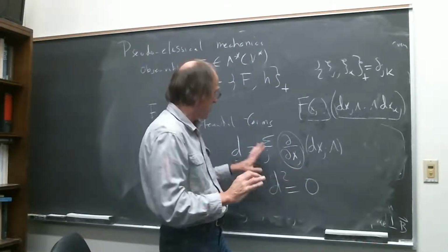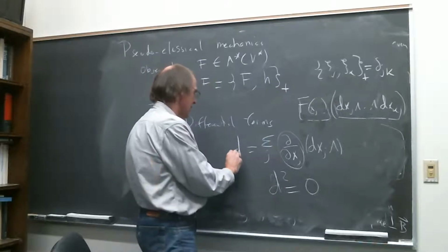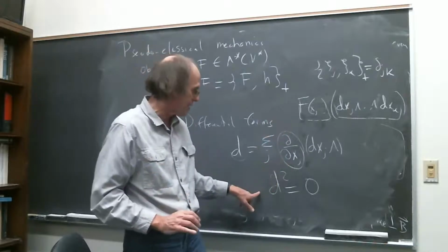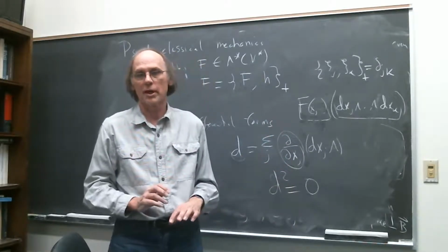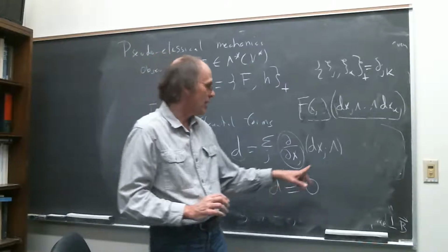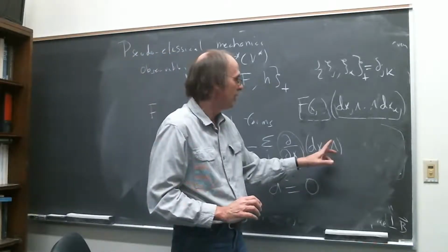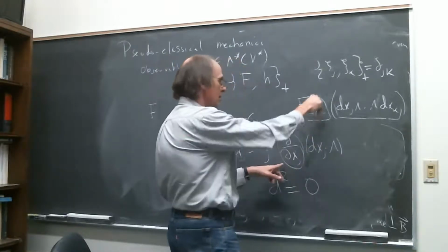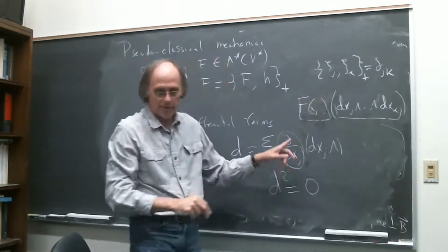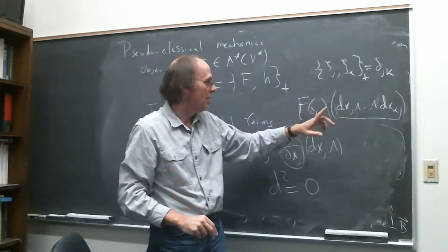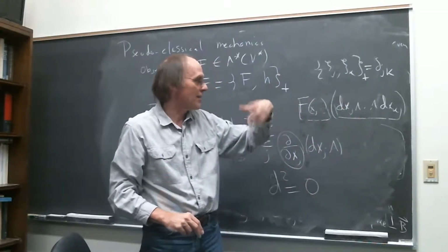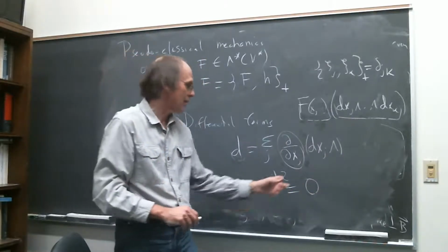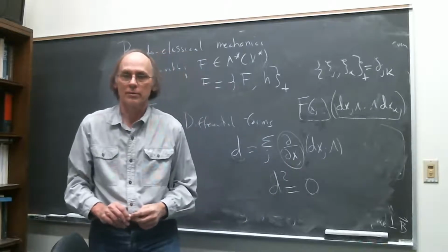So the D that you're going to see in the theory of differential forms is a more complicated object. It's squaring to 0 for a somewhat more complicated set of reasons. But you can rewrite this D in terms of this kind of derivative on this piece, and the fact that derivative squares to 0 is part of this calculation, but it's not the whole thing. Does that help?